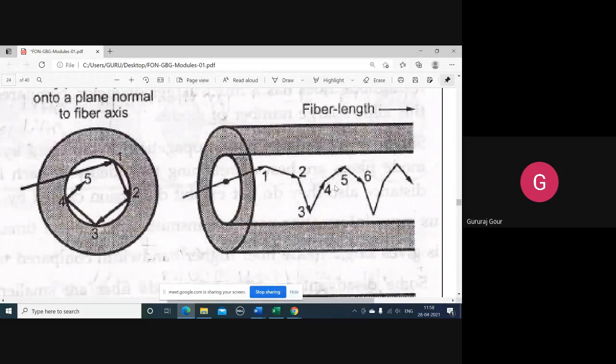And if at all not, maybe 95% you are getting, so where has the 5% gone, who will be held responsible? Core, cladding, a transmitter, a repeater, or optical fiber, who will be held responsible? We want an answer for that. We need to characterize for that.